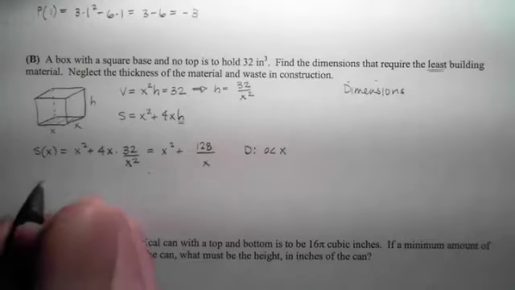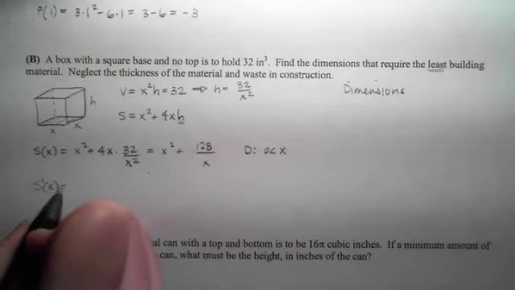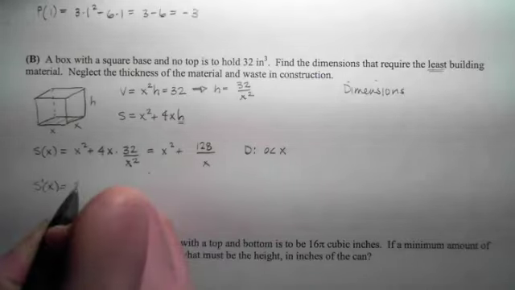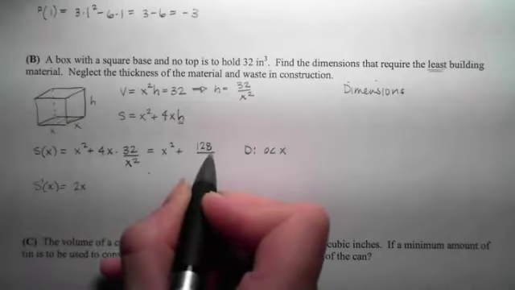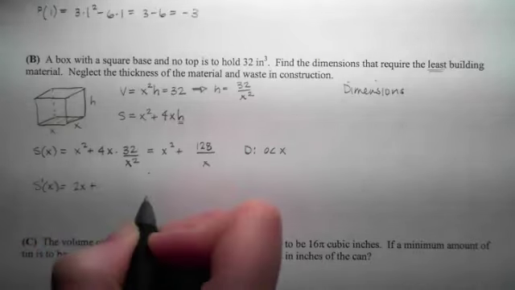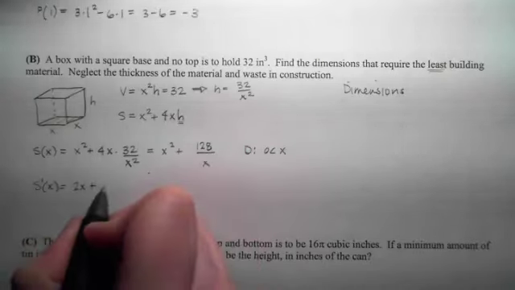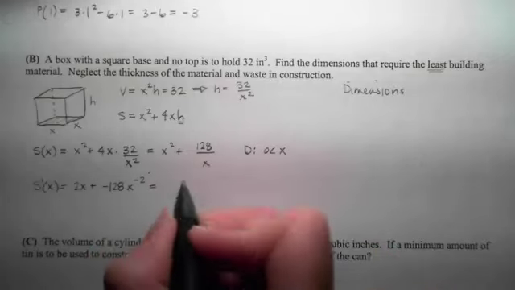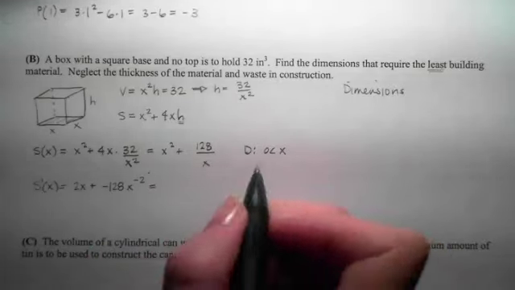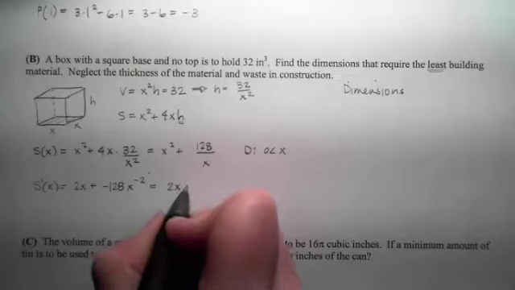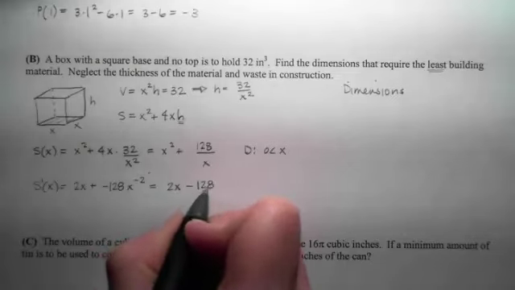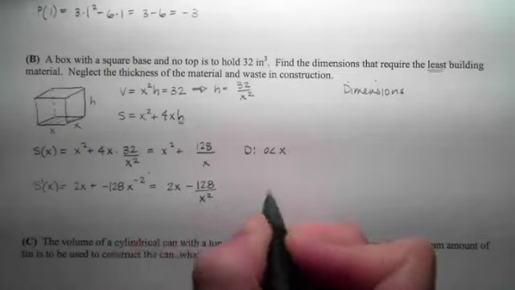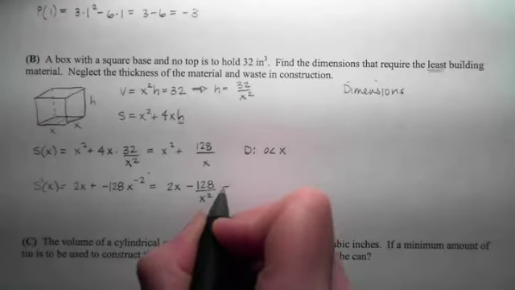So now I'm ready to take my derivative. Derivative of this one is a 2x. This is the same as a 128 times x to the negative 1, so that would be a negative 128 times an x to the negative 2. Or, because I know I need this to equal 0 or undefined, I'm going to rewrite it as a 128 over an x squared. And then I'm going to get a common denominator.